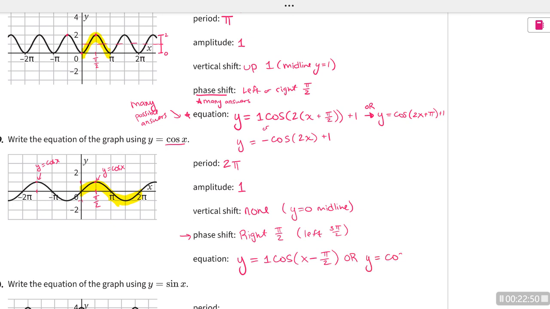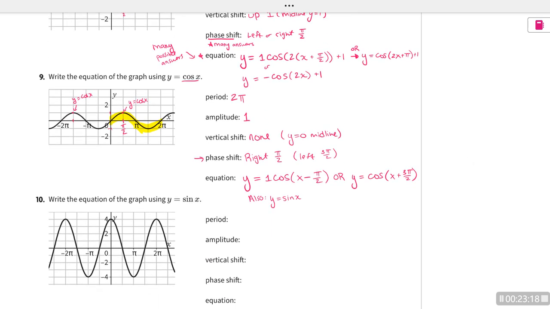Y equals cosine of x plus 3 pi over 2 would be another okay answer. And because it does want me to write it as a sine graph, I could actually just write this as y equals sine of x. That is just the graph of y equals sine of x, just as it is.